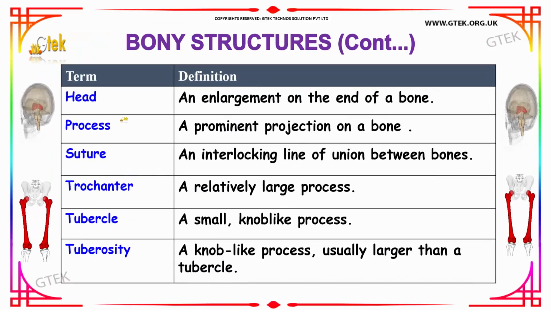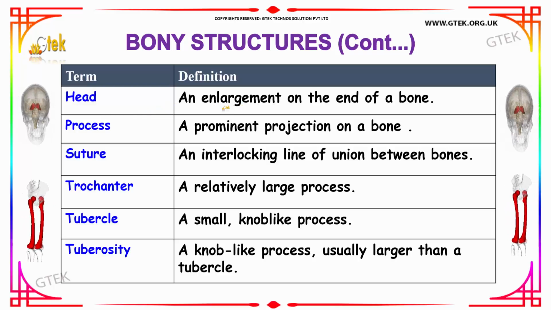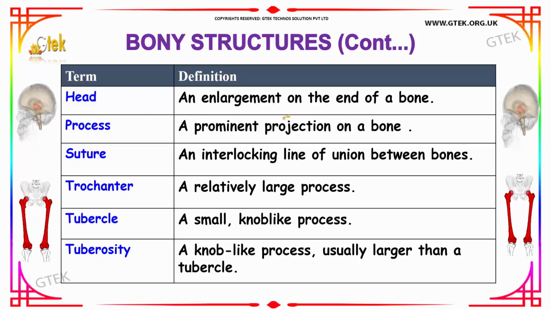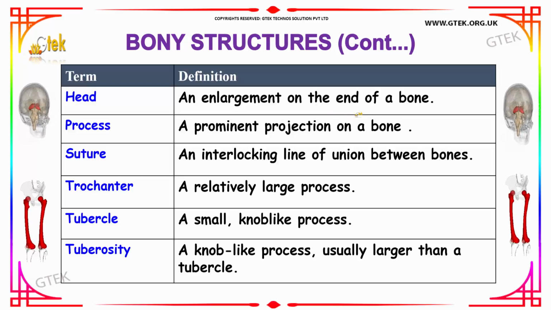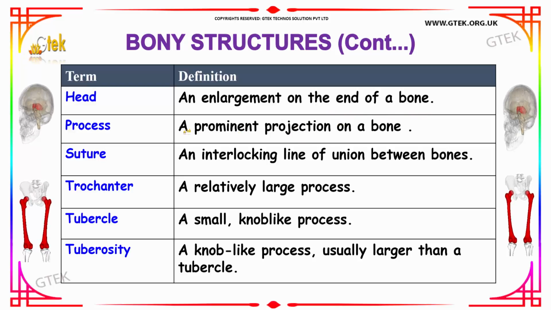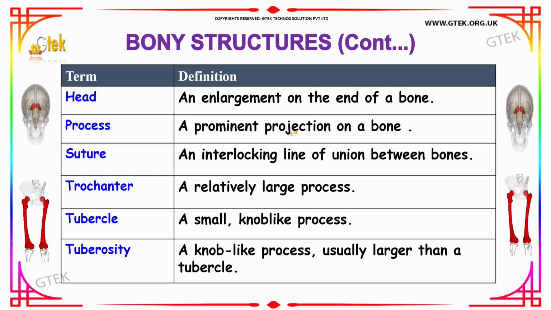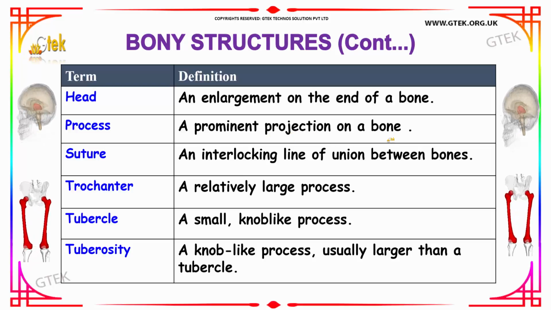The term head of a bone is used to define the large enlargement on the end of a bone. Process of a bone is the prominent projection of a bone structure.